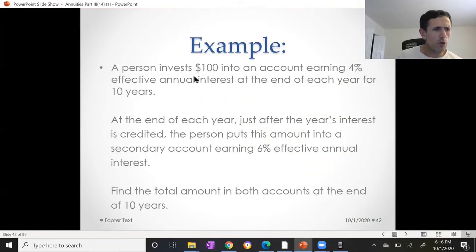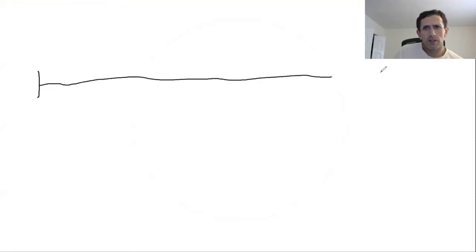Okay, so let's draw a timeline for just the deposits into the first account, and that's very straightforward. There's really not a whole lot to that. Just a bit. Okay, so deposit.